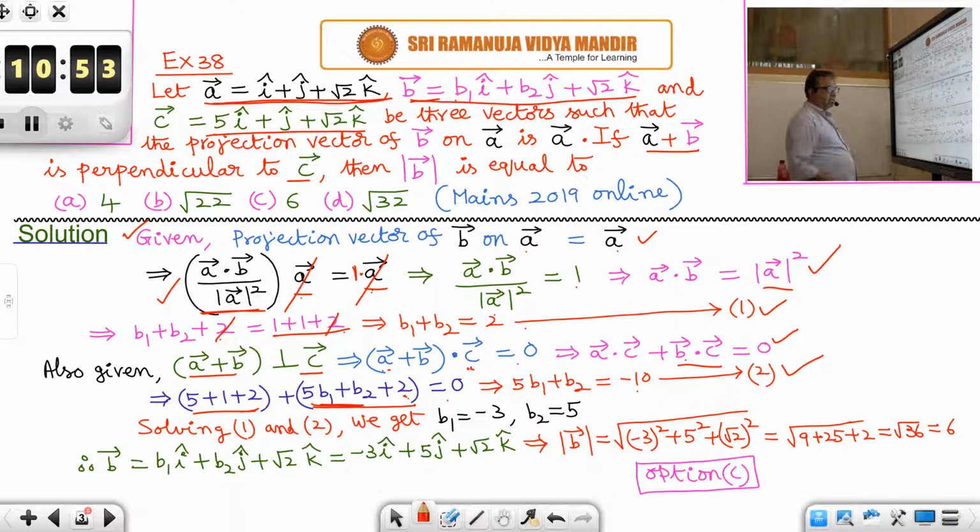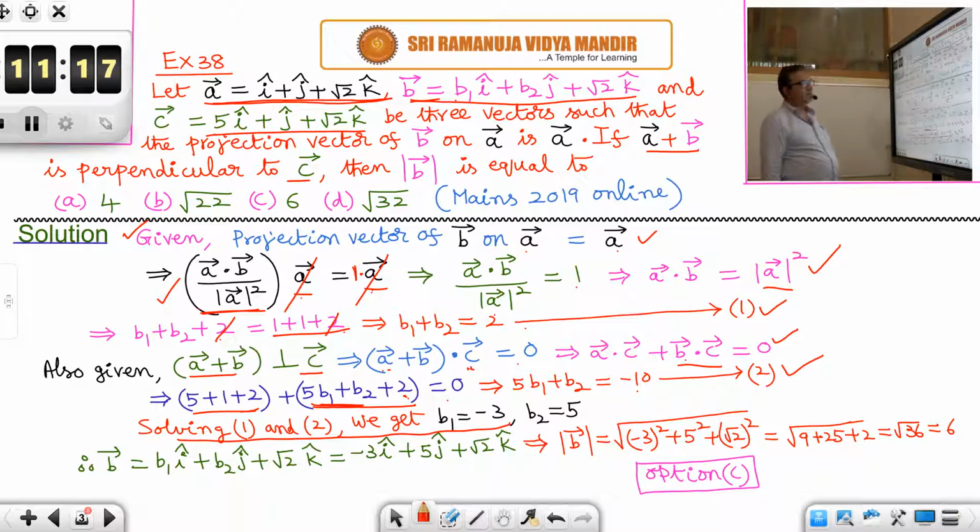Okay, subtracting you get what? Minus 4b1 is equal to 12. Equation 1 minus equation 2, you will get minus 4b1 is equal to 12. So b1 is equal to minus 3. So here I have written, solving 1 and 2, you get b1 is equal to minus 3.